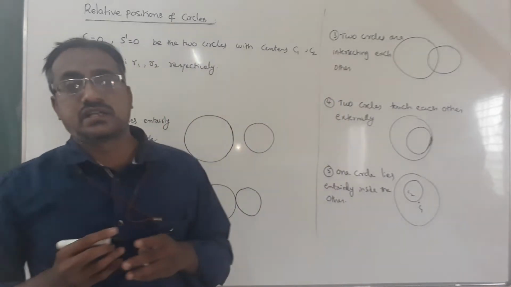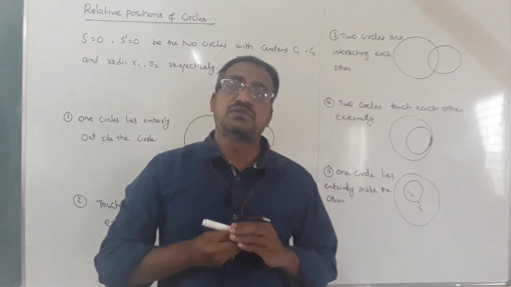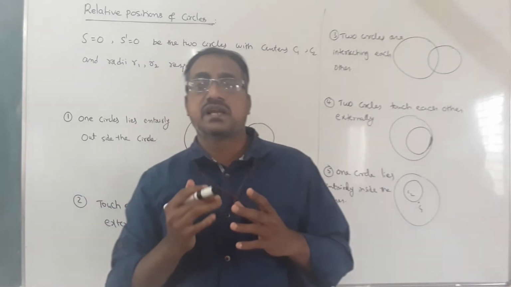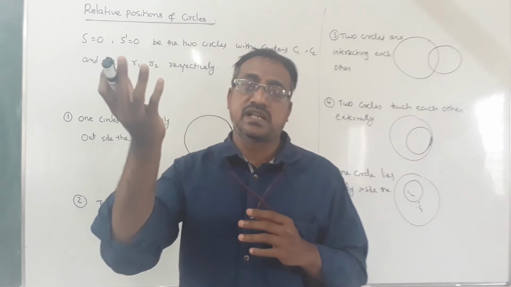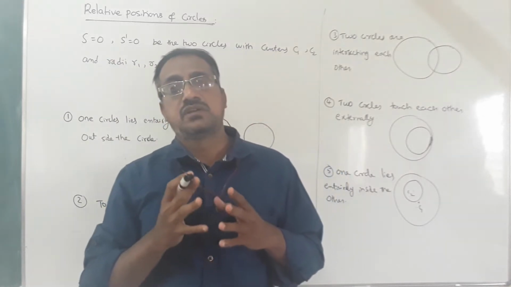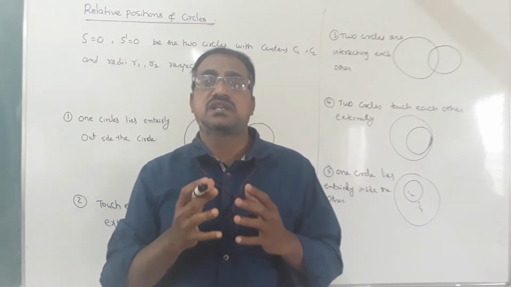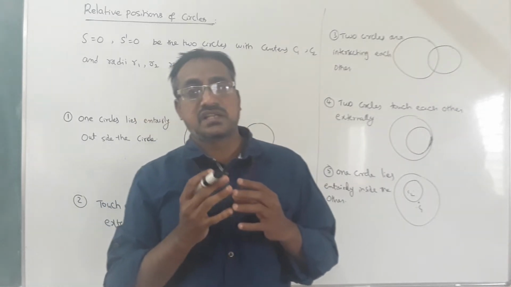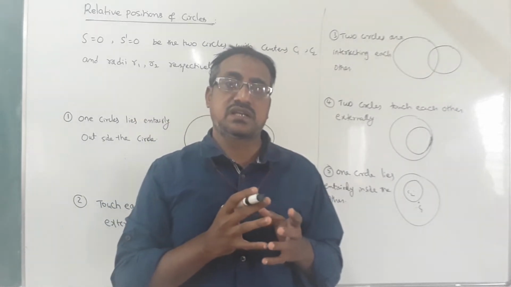So these are the relative positions of two circles. First one is one circle lies entirely outside the other. Second one is two circles touch each other externally. Next, two circles intersect each other.